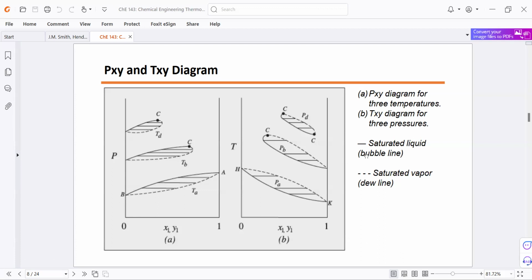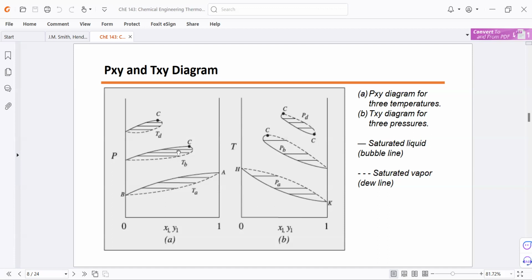So the bubble line, or saturated liquid line, is the upper curve, while the dew line, or saturated vapor line, is the lower curve. That's the opposite observation for the TXY diagram. Later we will discuss it in detail.